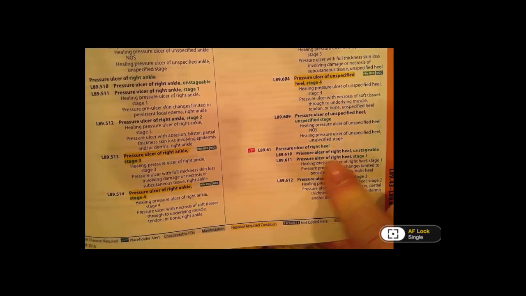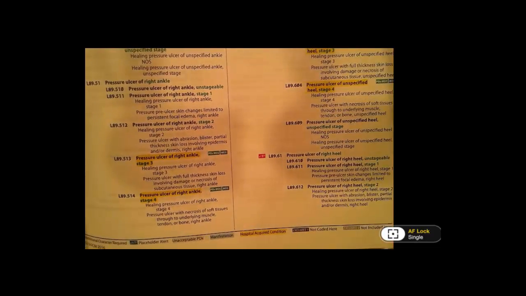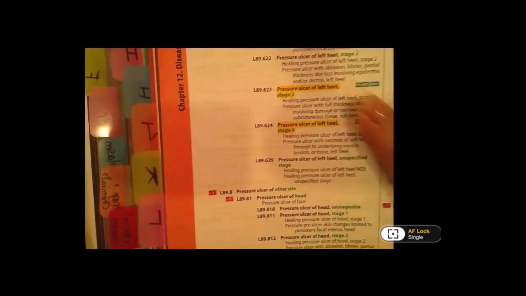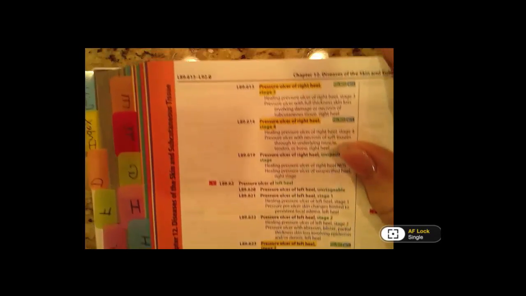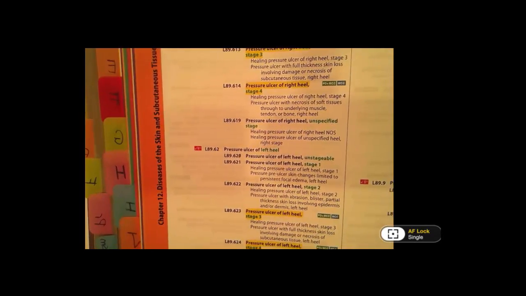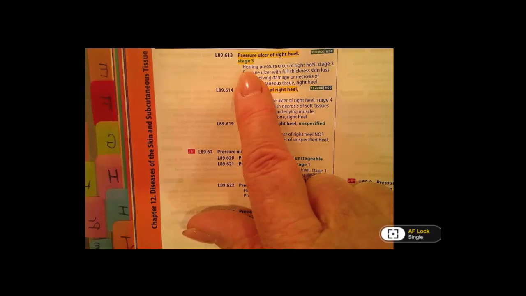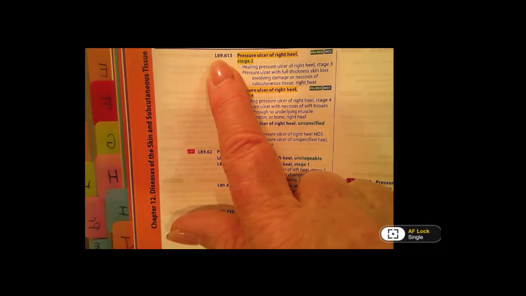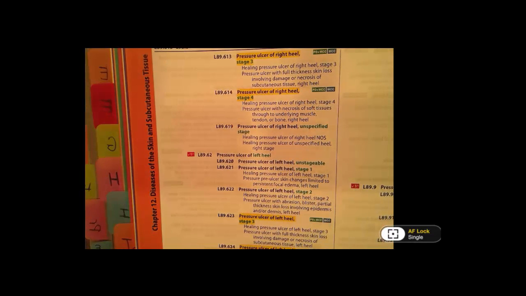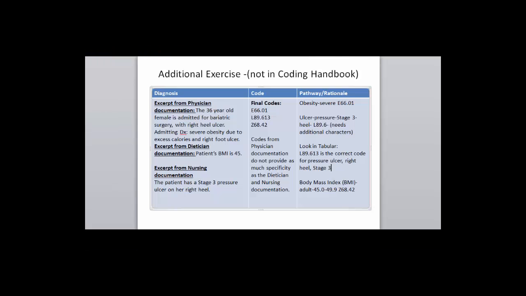There are stage 1, stage 2. We need stage 3. So let's go to the next page. Okay. Pressure ulcer of the right heel, stage 3. L89.613. I think that would fulfill our need for more characters.